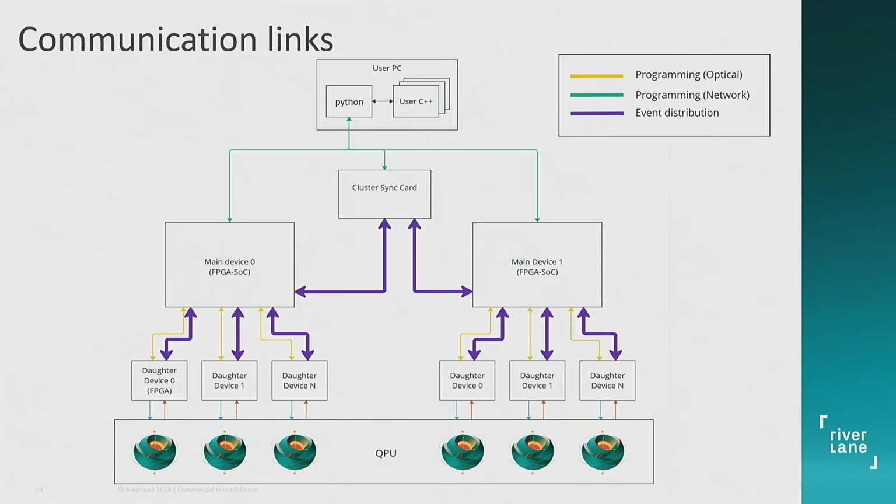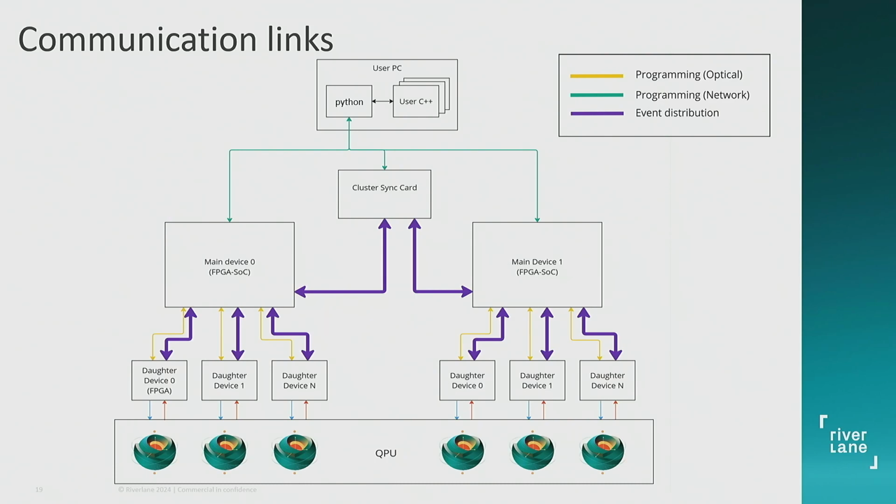Then we introduce these purple links, which are used for fast event distribution. And so these are used to transfer process readout data from the daughter devices to centralized locations in the clusters, and then synchronize events back down to the daughter devices to resume synchronous operation after readout.